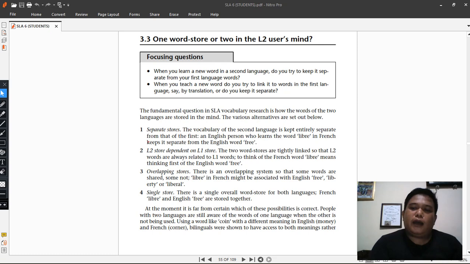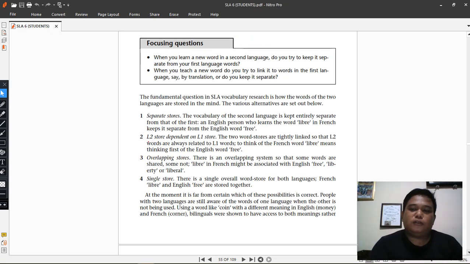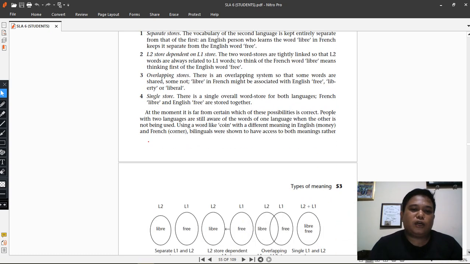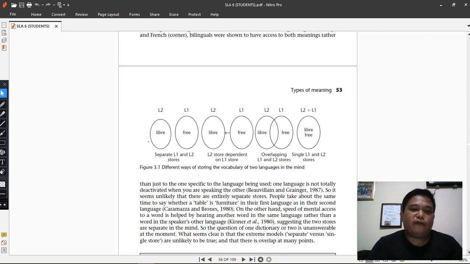Okay, and we move to the next page. Here we have figure 3.1, different ways of storing the vocabulary of two languages in the mind. So first, we have the separate L1 and L2 stores, L2 store dependent on L1 store, overlapping L1 and L2 stores, and single L1 and L2 stores.